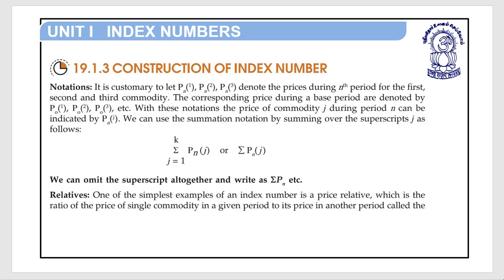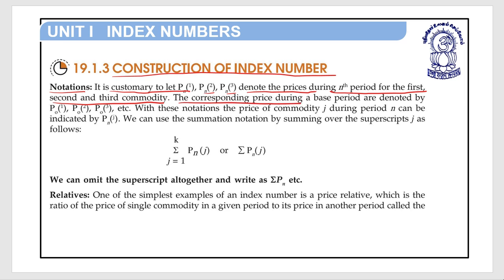Now the next topic is construction of index number. Notations. It is customary to let Pn1, Pn2, Pn3 denote the prices during the nth period for the first, second and third commodity.